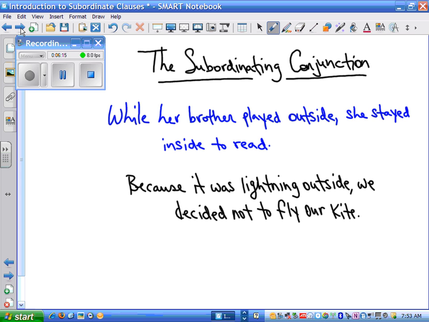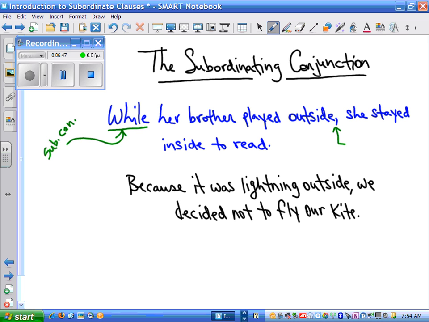Let's take a look at this sentence. While her brother played outside, she stayed inside to read. So while, this is my subordinating conjunction. There it is, while. And then I need to find the end of that clause so I know where to put my comma. There it is.